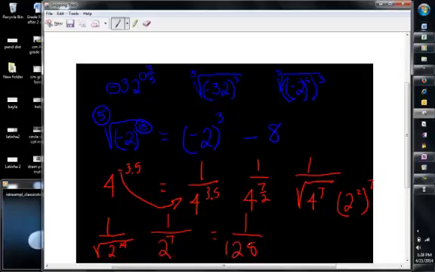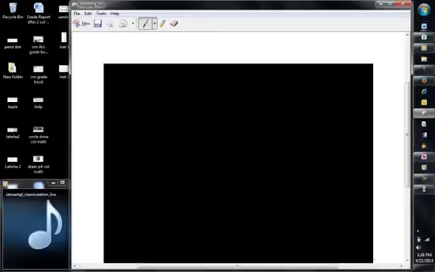Page 382. I'm going to do some of those for you so that you can see how they work. Number 1 is the square root of 36, because 1/2, remember, is the square root. Well, the square root of 36 is 6. Number 5.